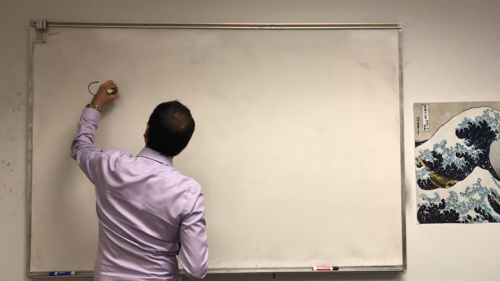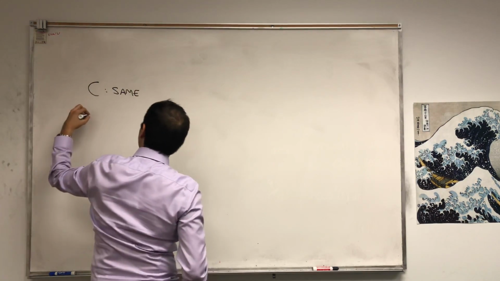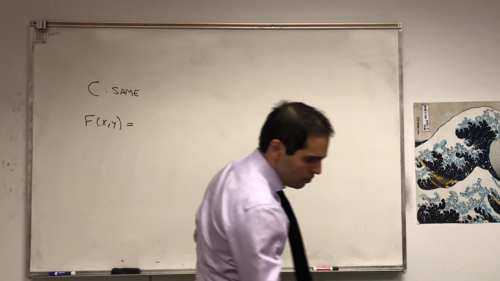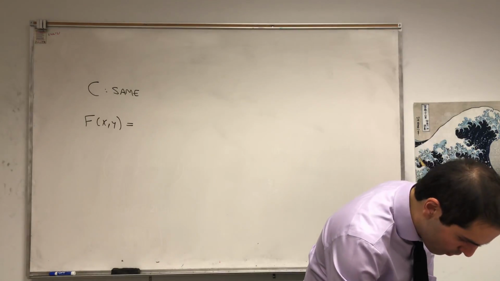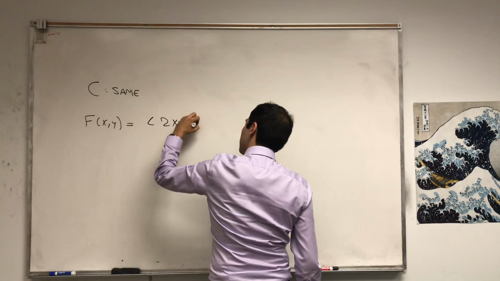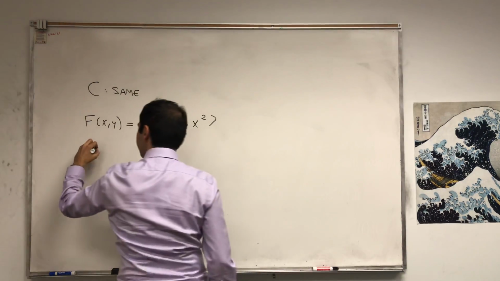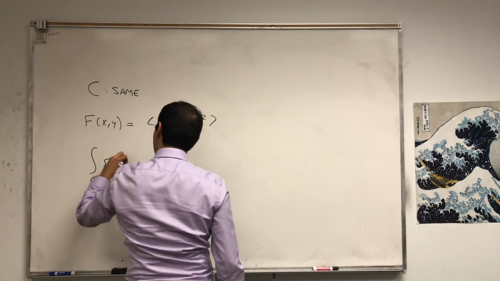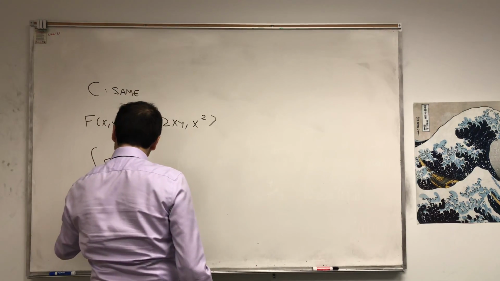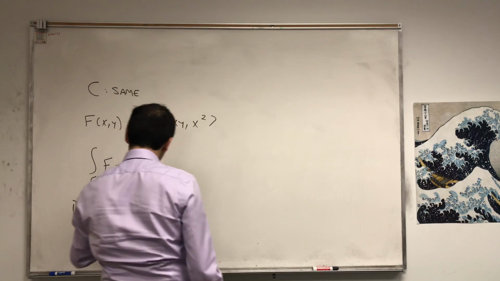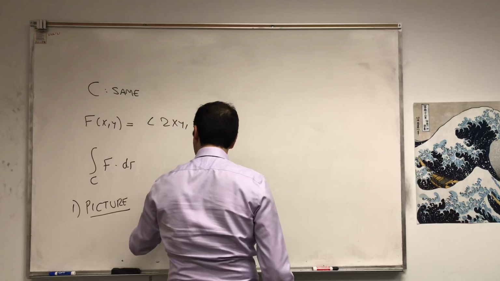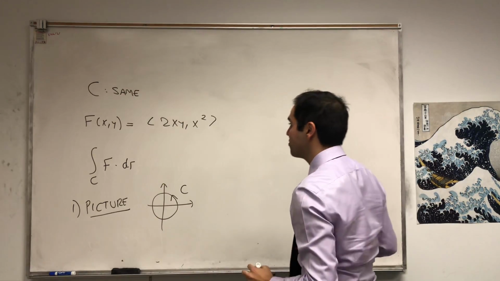again, C is just the same circle, and this time F(x,y) becomes, well, let's choose something conservative this time, (2xy, x squared). And the idea is, let's calculate the integral of F dotted with dr. So again, the picture is the same. So we have a circle of radius 2 counterclockwise.